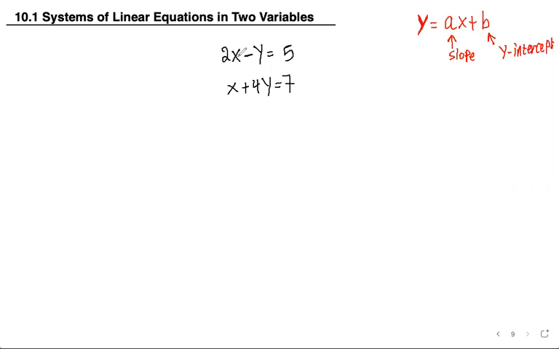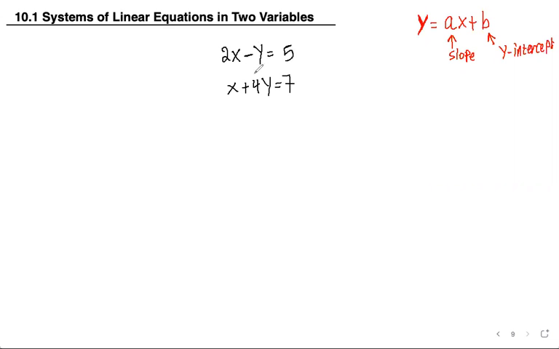So this one here has a form like this one, because we can subtract the 2x from both sides. So I get minus y equal 5 minus 2x, divided by minus. So this is linear. Same thing for the second one, it is linear.